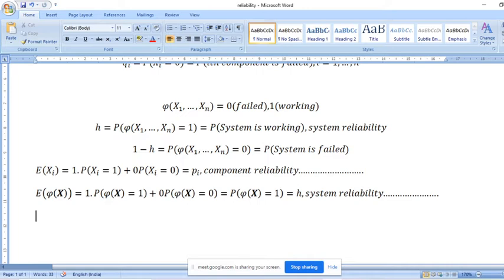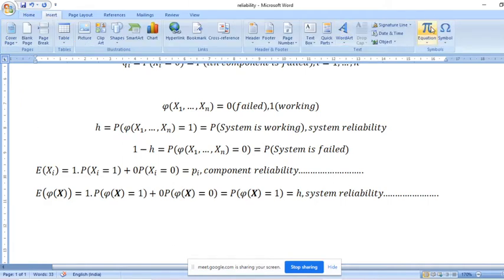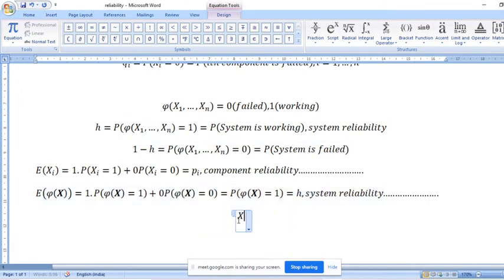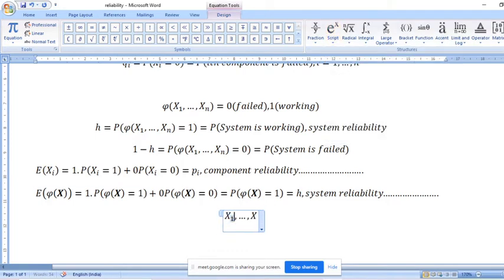For the calculation purpose we are considering that x1, x2, etc. xn are independent and identically distributed.